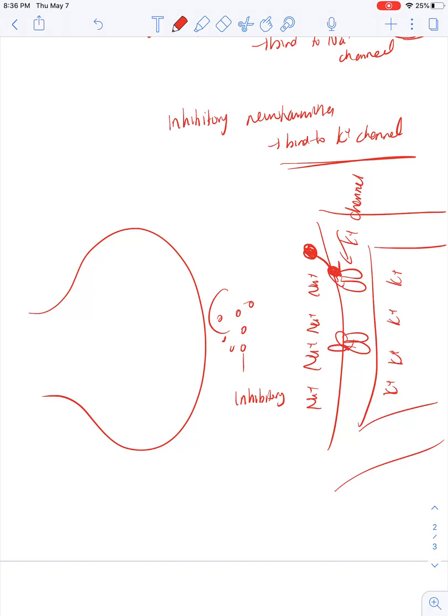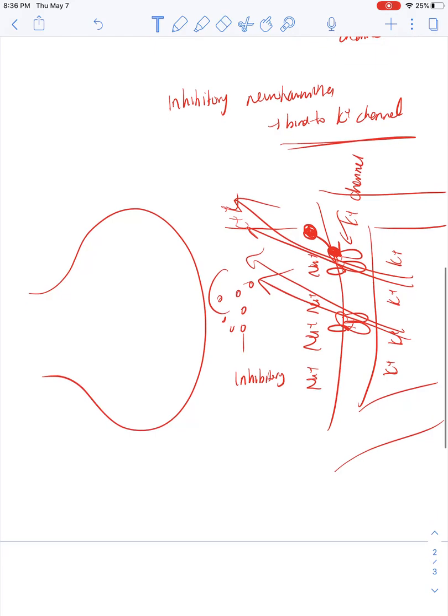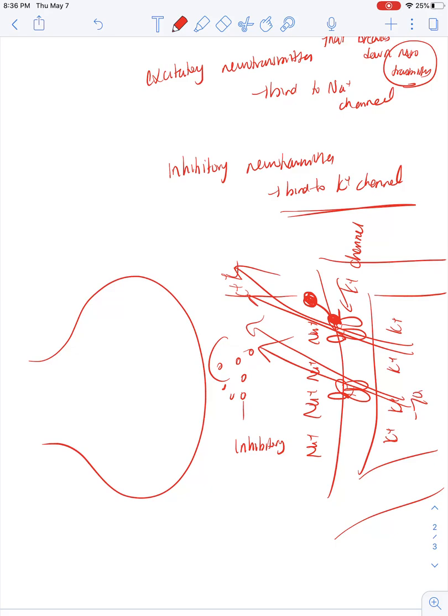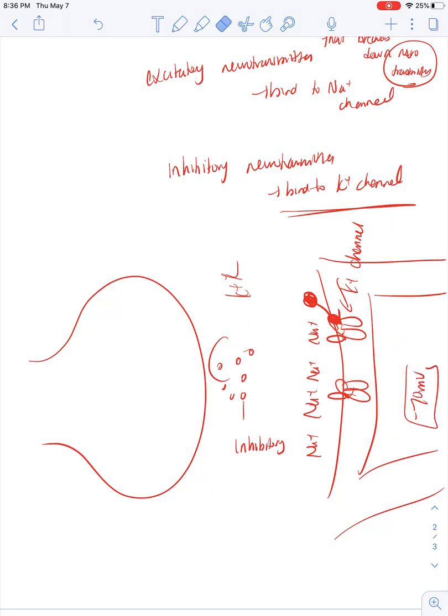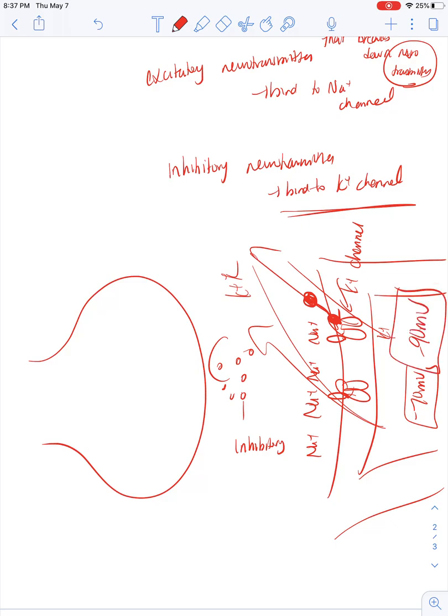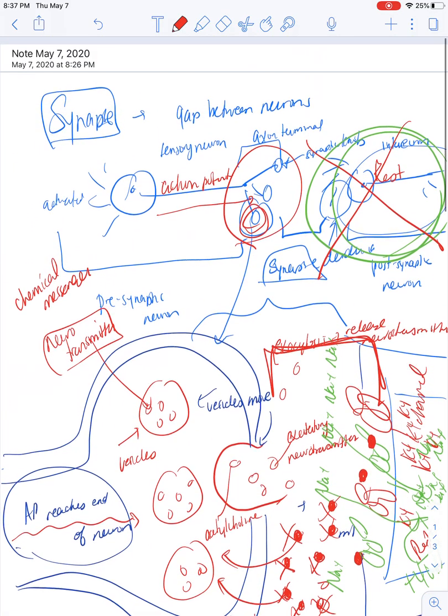And when it binds to the potassium channel and the potassium channel opens, potassium moves out. So now you have all this potassium moving out. So that means that negative 70, this was negative 70 millivolts. When all this potassium leaves and you're losing all this positive potassium because it's leaving, then it's going to get so negative, it's going to get hyperpolarized to negative 90. And at negative 90, the action potential stops, right? And that's how inhibitory neurotransmitters work.